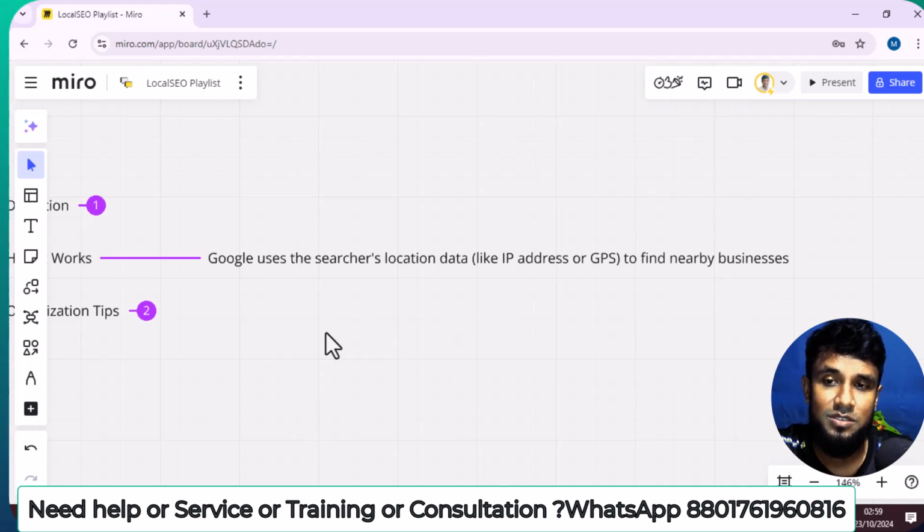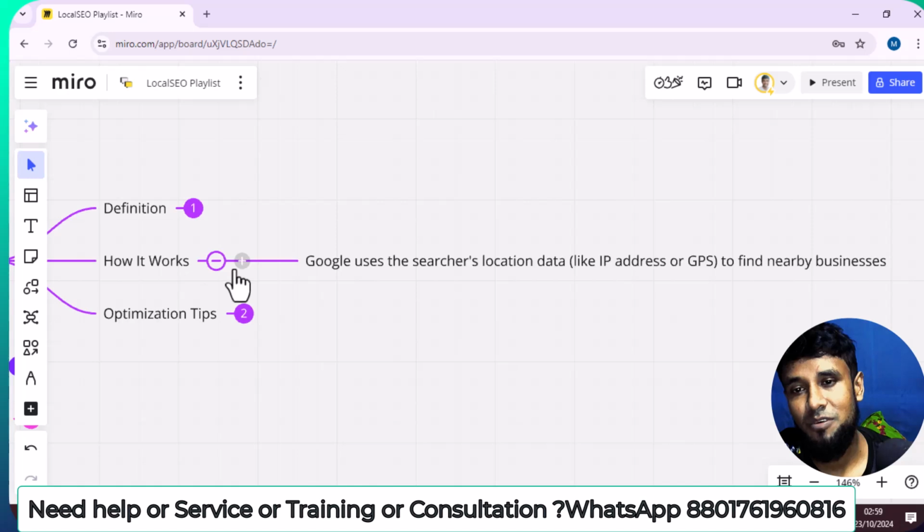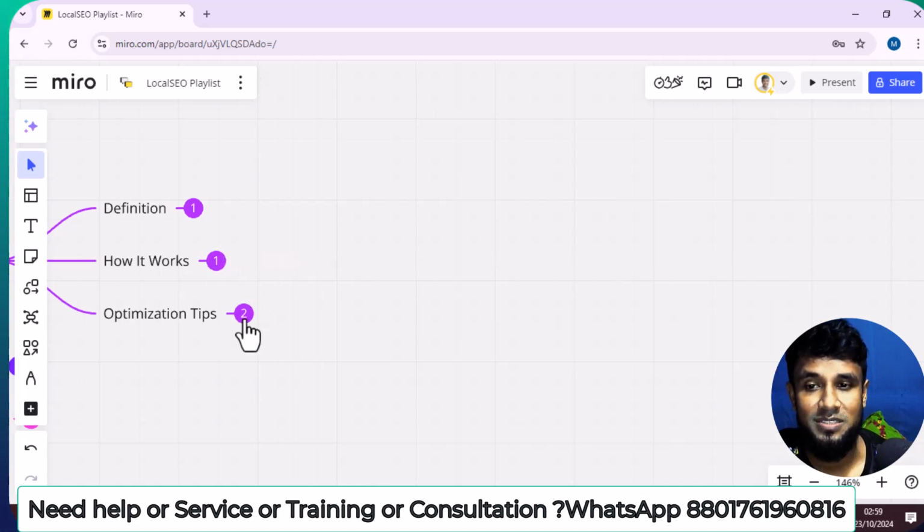That means the Google algorithm first of all tracks your location, and when you search, based on your search, it shows you the nearest result. So it is the mechanism of your business.